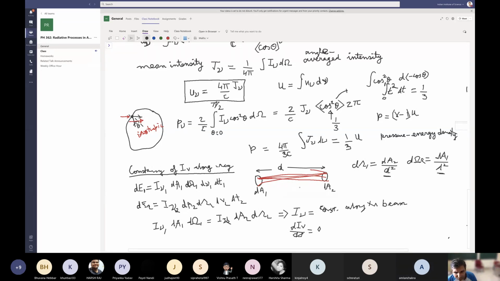Now, this was in vacuum, but if you have refractive material and all that, this all goes through, as long as there is no absorption, emission and scattering.